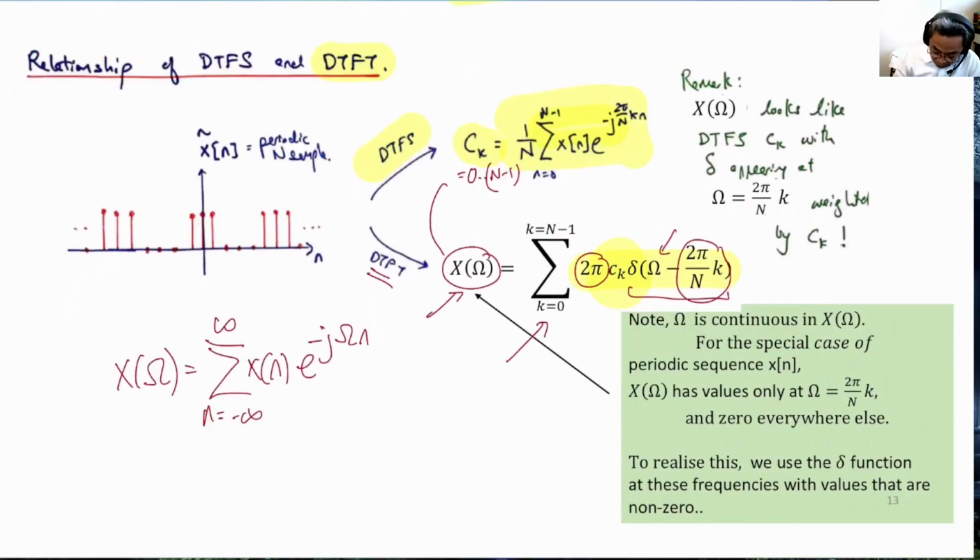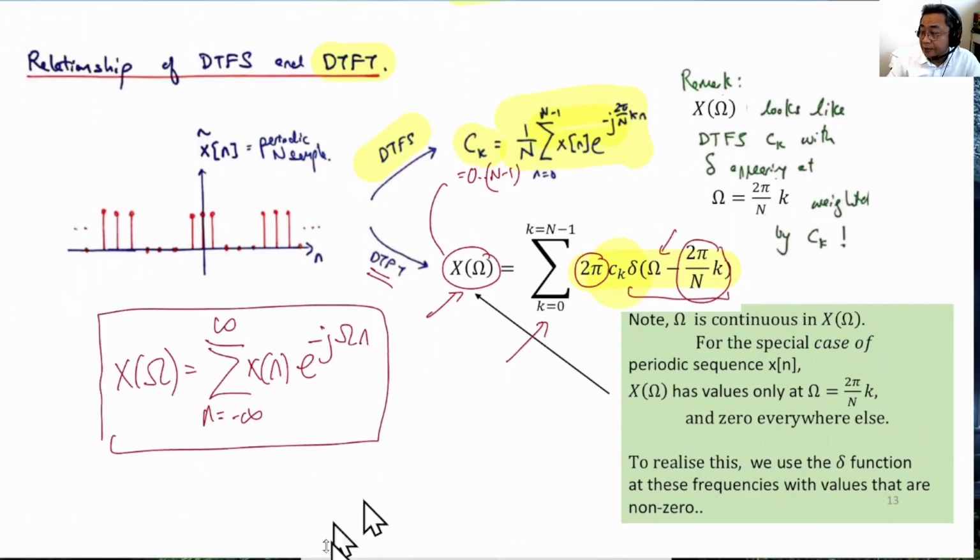You may also be wondering, why don't we just apply this DTFT analysis equation and simply plug it in and find X of omega? The reason is this: if you try to plug in the periodic signal, which exists from minus infinity to infinity, into this equation, you are trying to add infinite values of x[n] of infinite support, and these values do not converge.